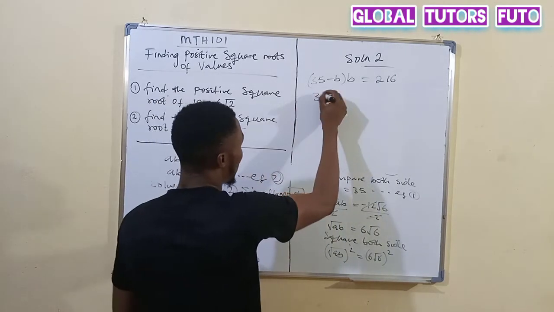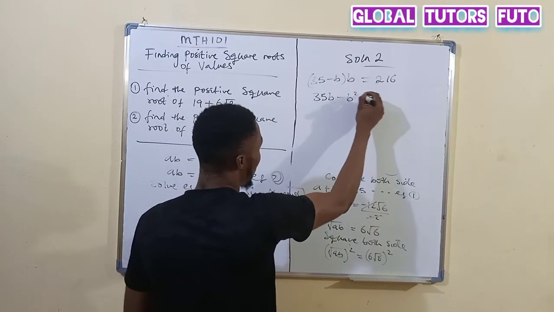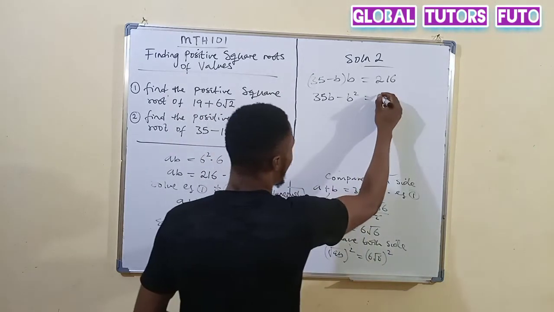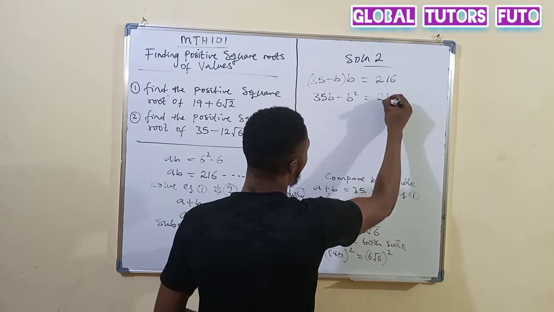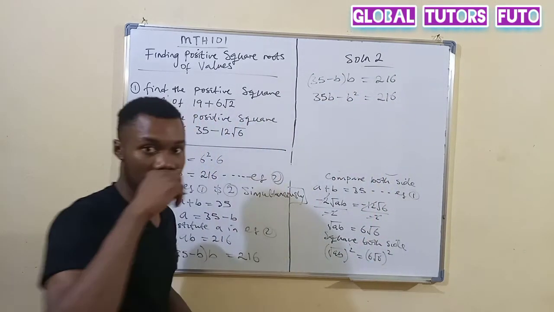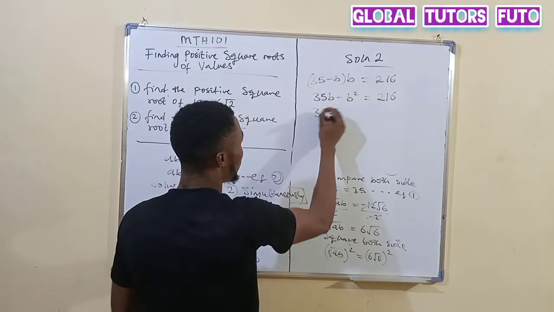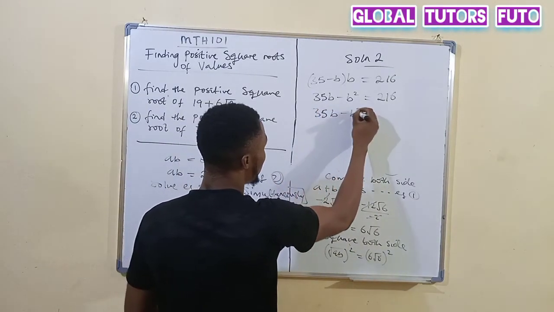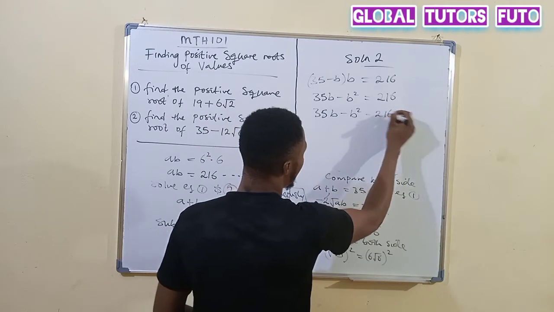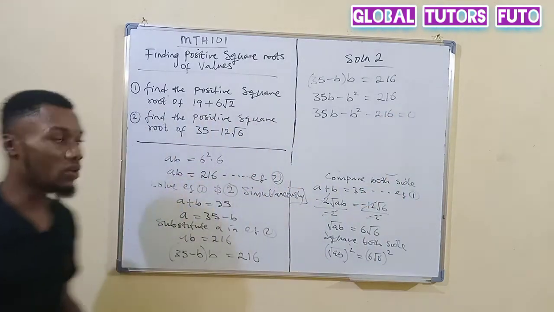I will have 35B minus B squared is equal to 216. So bringing this inside, I will have 35B minus B squared minus 216 is equal to 0.